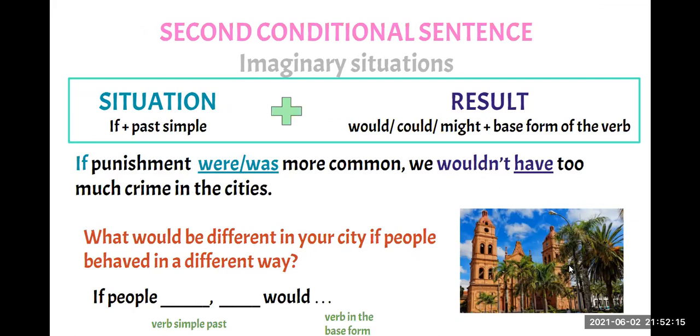Okay, remember we use the verb in the simple past, any verb in the simple past, and we can use would, could, or might, plus the verb in the base form, okay? This is the second conditional for imaginary situations in the present or future.